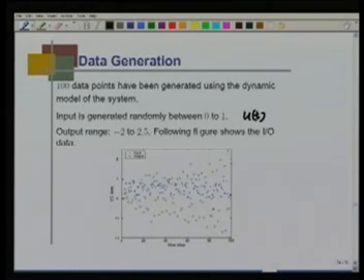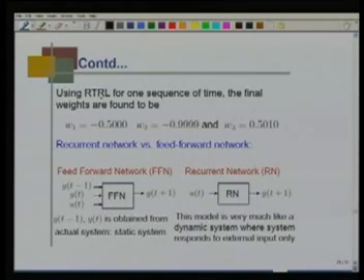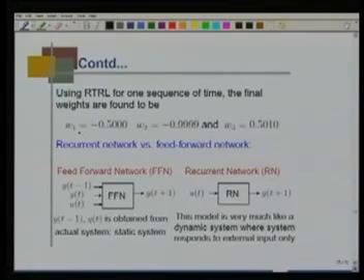Using RTRL over one sequence of time, with 100 data set, when you train, finally after training W1 is minus 0.5, W2 is minus 1 as required, and W3 is 0.5.